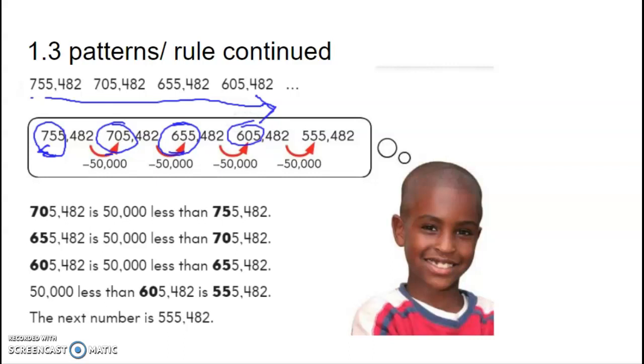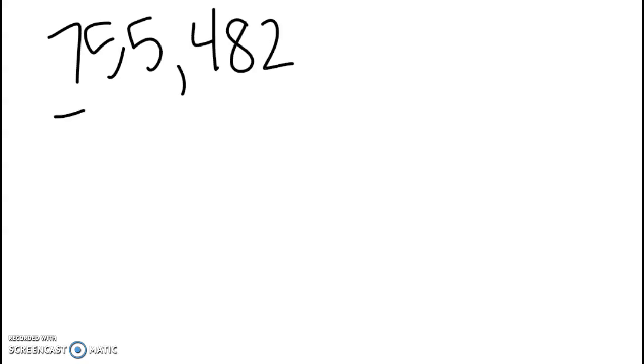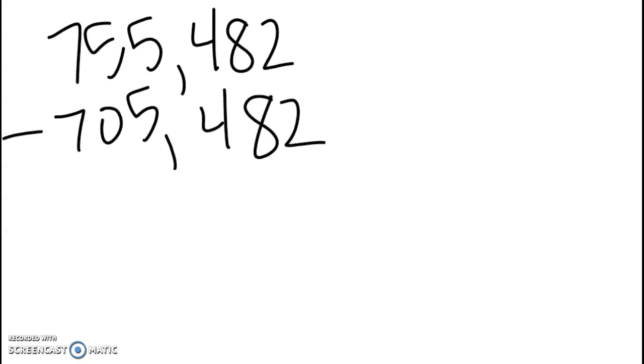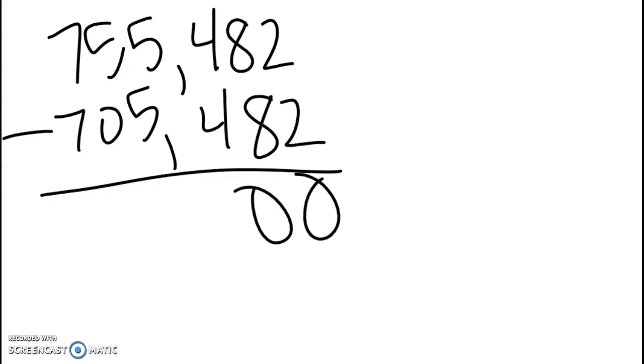If not, let me show you what you can do. I can take the two numbers and have 755,482. Next one was 705,482. And just subtract them. It won't be super hard subtraction, because most of them will be zeros, but I can see, oh, the difference is 50,000.